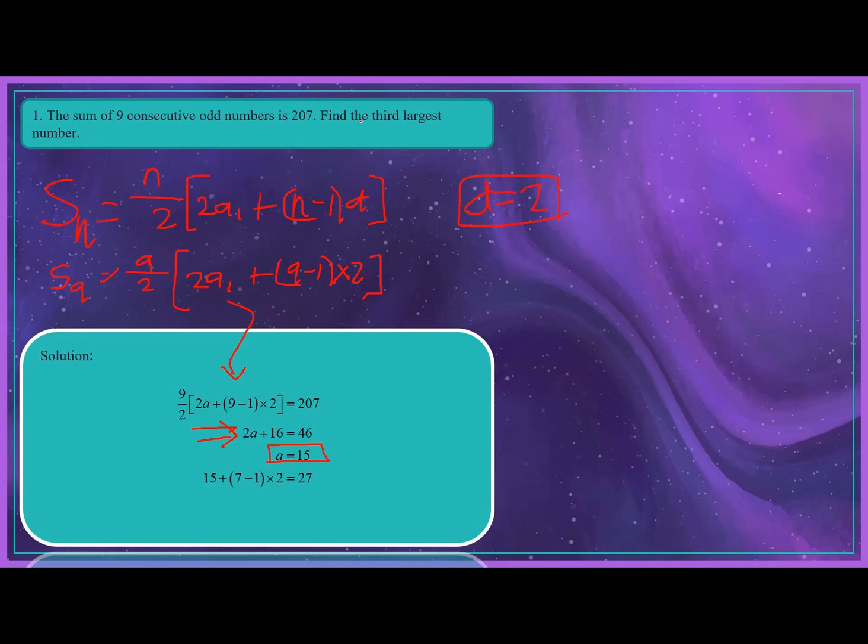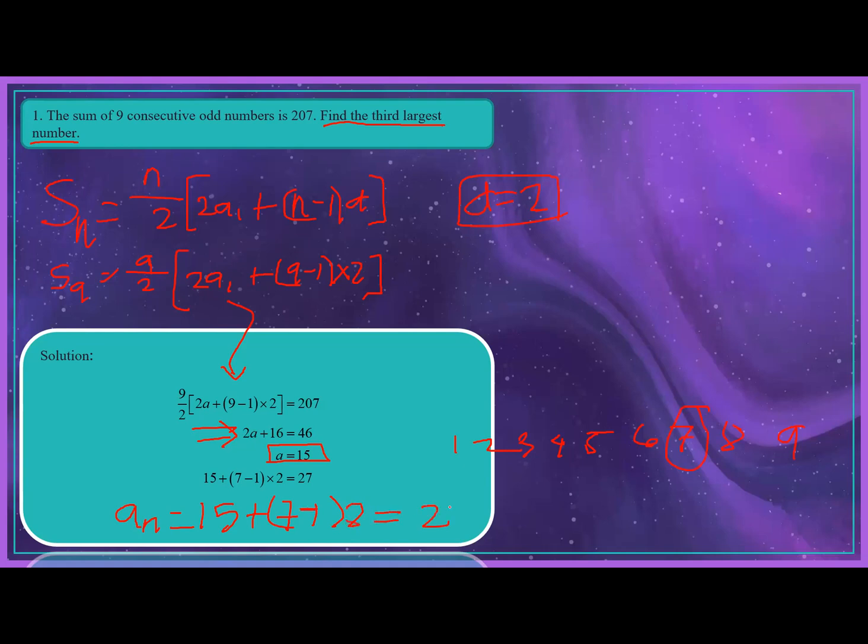Now, we need to find the third largest number. So that is, since we have 9, 1, 2, 3, 4, 5, 6, 7, 8, 9. Okay. So our third largest number would be the seventh term, diba? So we have 15 plus our a sub n would be 15 plus 7 minus 1 times d, where d is equal to 2.